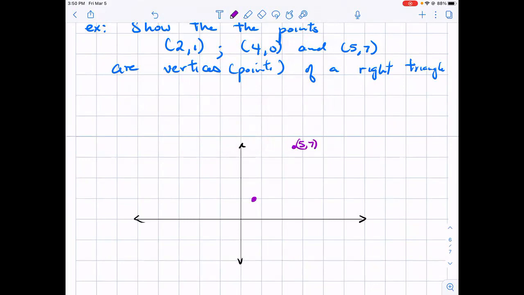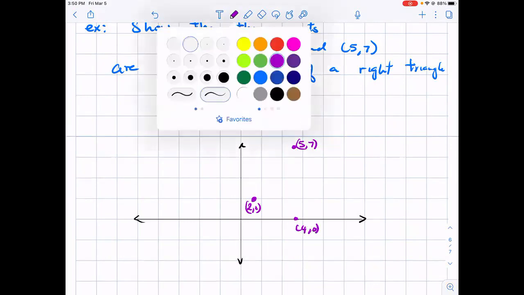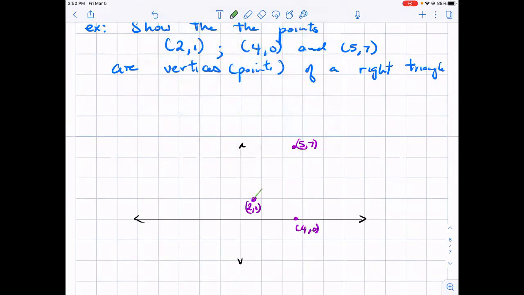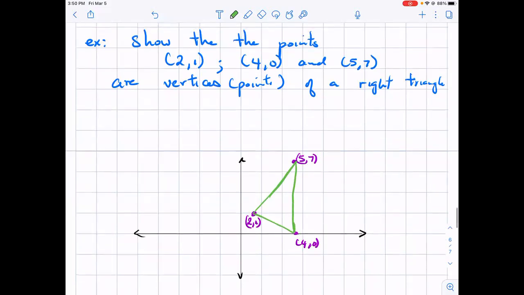Let's say this is the point 2, 1. And I have some point here, 4, 0. And if I draw a triangle, and we know it's a right triangle, right? So we're assuming it's a right triangle.